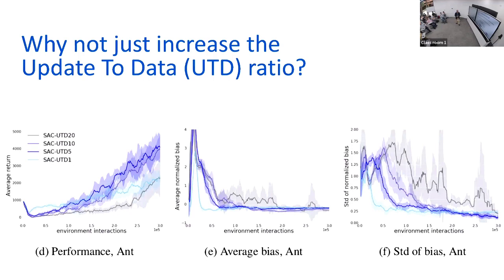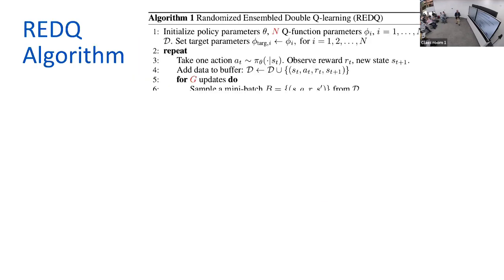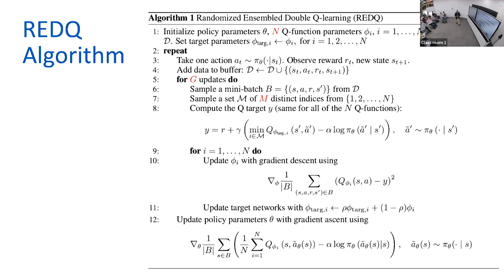So people were sort of stuck that way, and we looked at this problem too, and we found that by making some small but non-obvious changes to the SAC algorithm, you can get much better performance.